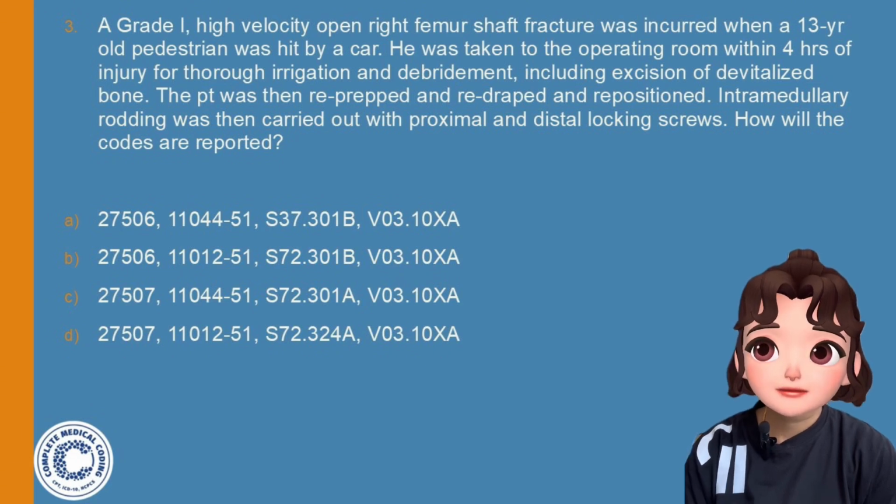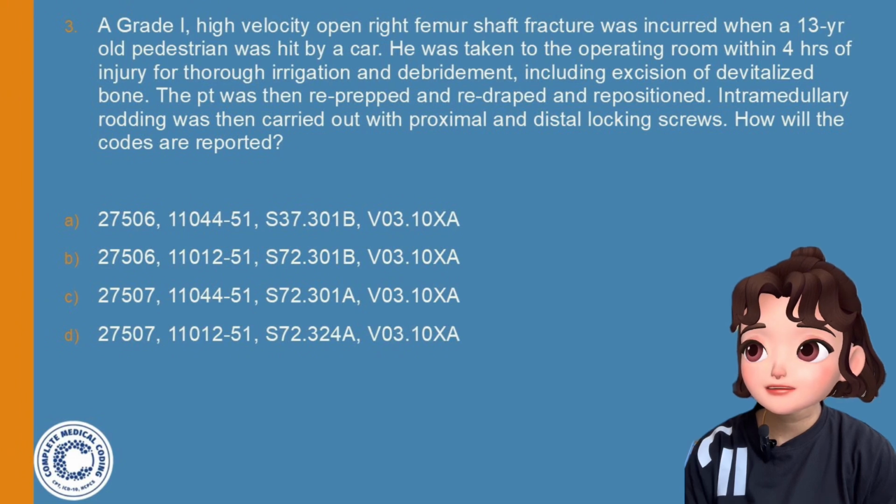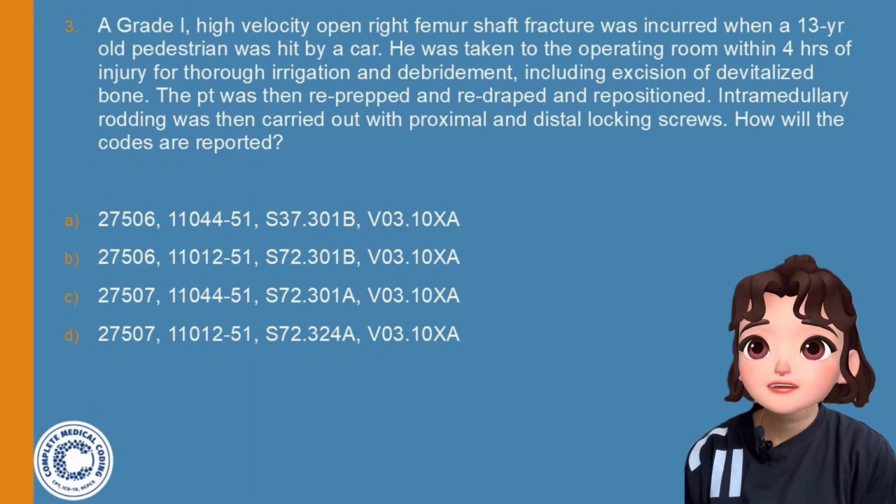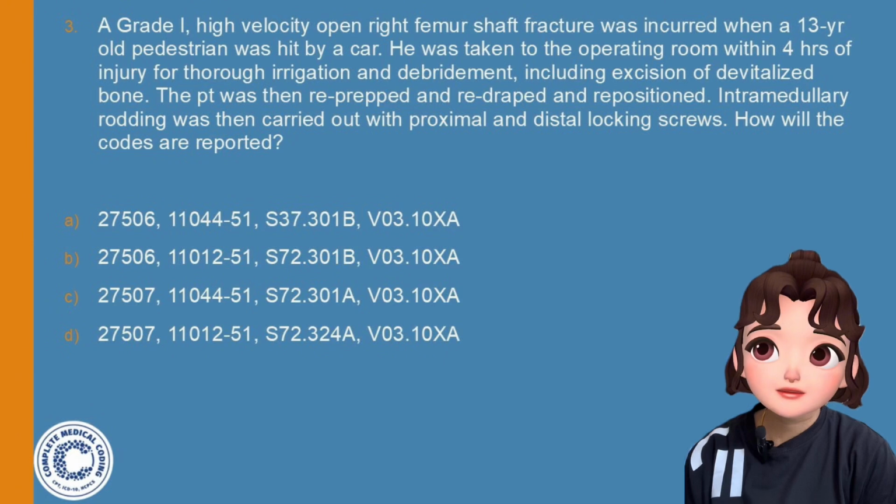So from options A and B, what is the other procedure done? Debridement done, right? In the question, for thorough irrigation and debridement, including excision of devitalized bone. So you have to code for debridement also. So what is there in option A? 11044. And in option B, 11012. So you have to check which is the correct one.